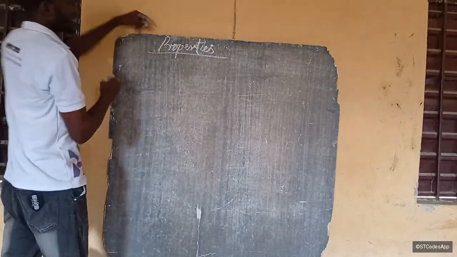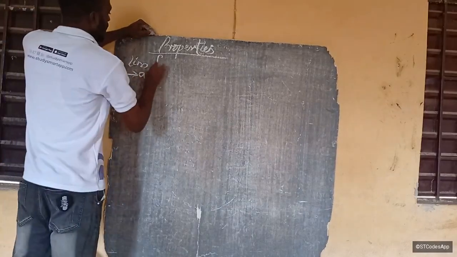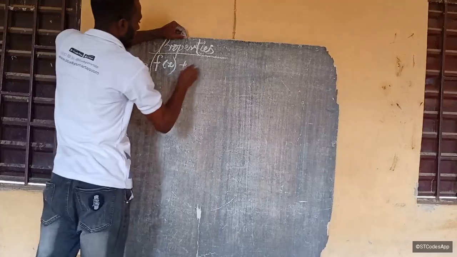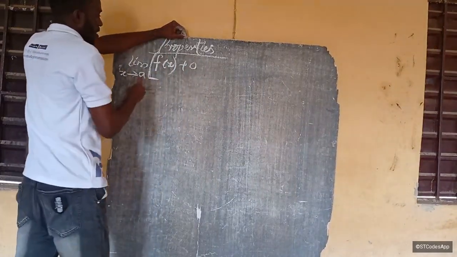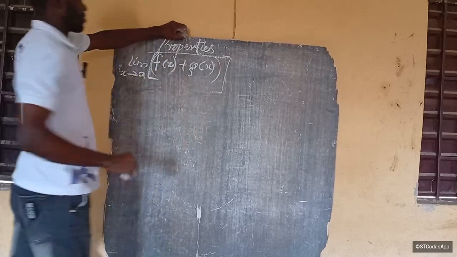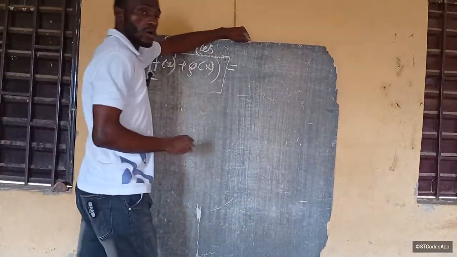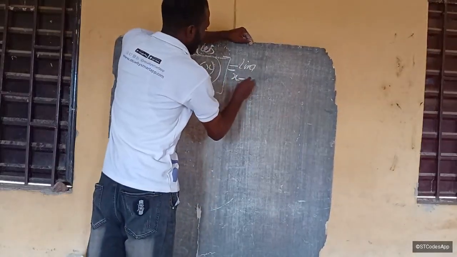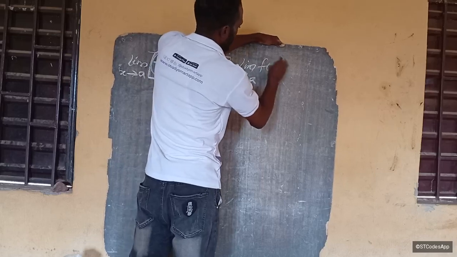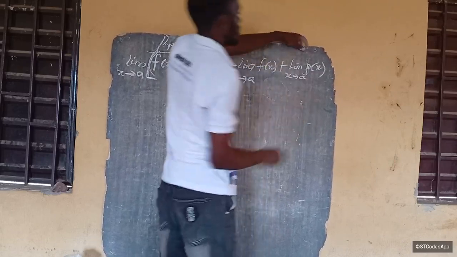So, the first one you want to know is that the limit as x approaches a of the square bracket of f of x plus g of x is equal to the limit as x approaches a of f of x plus the limit of g of x as x approaches a.